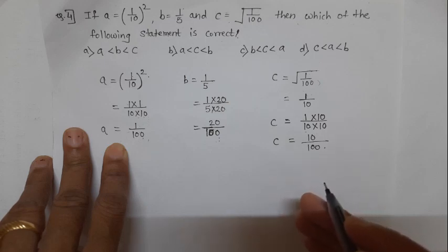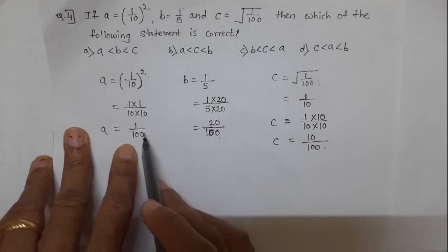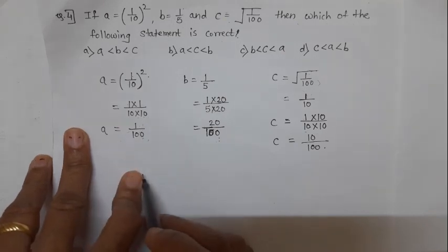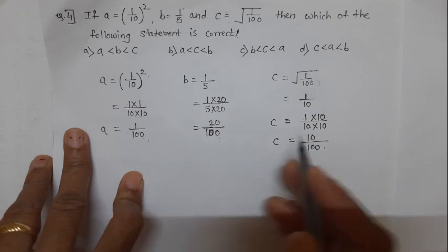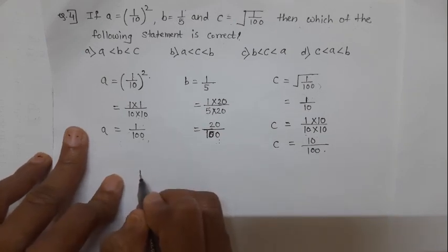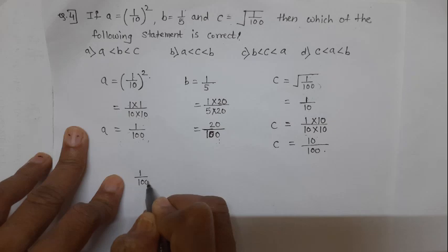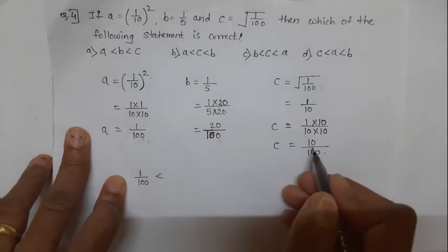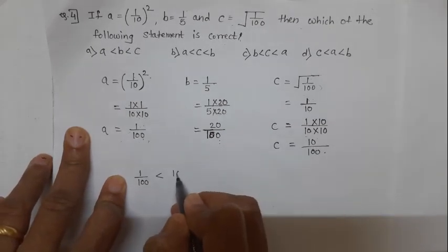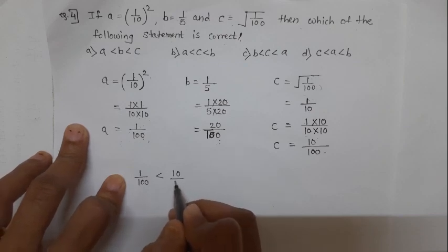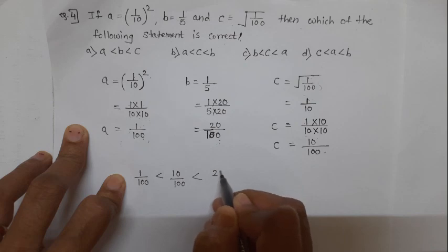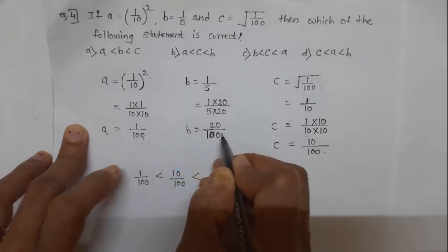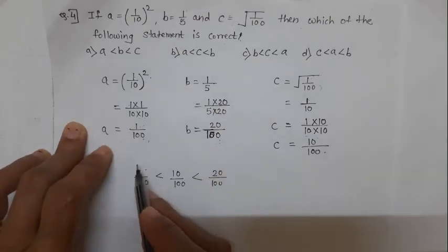The smallest number is 1 upon 100, then 10 upon 100, and then 20 upon 100. Now 20 upon 100 we got for B, and 1 upon 100 we got for A.